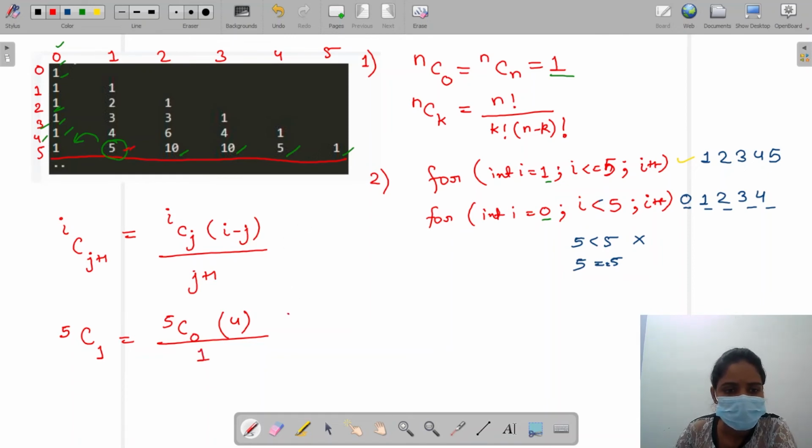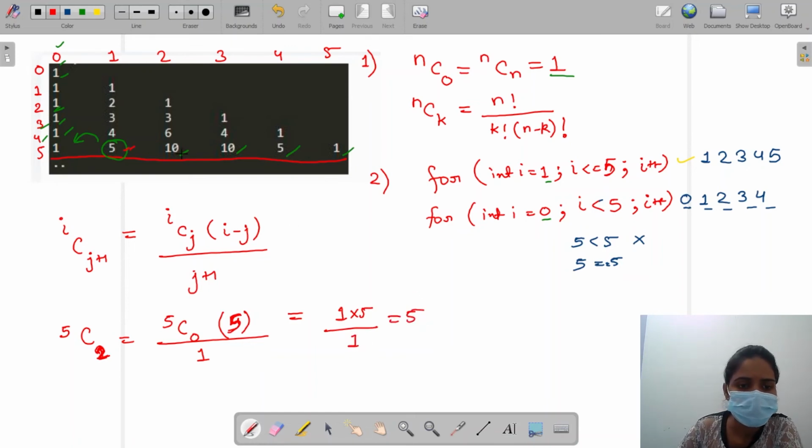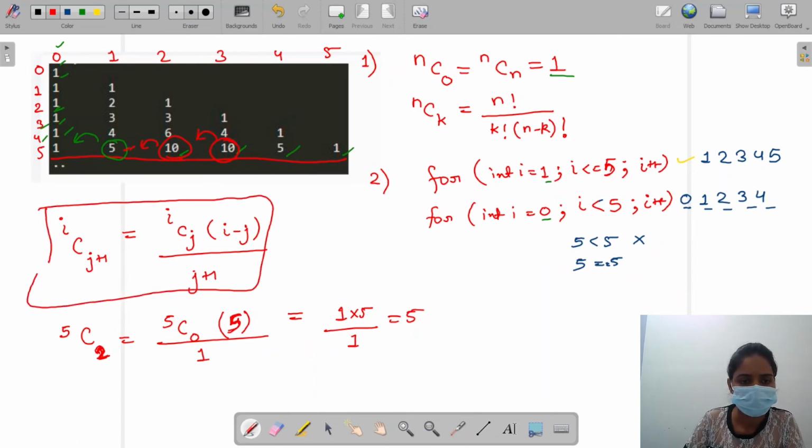So 5C0 is 1, 1 multiplied by 5 and divided by 1, we are getting our 5. So in order to get this 10, I can calculate my value from the previous value using this formula. Fine.